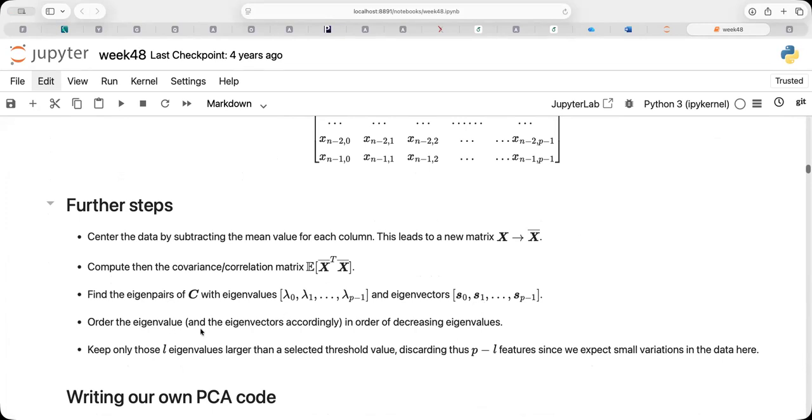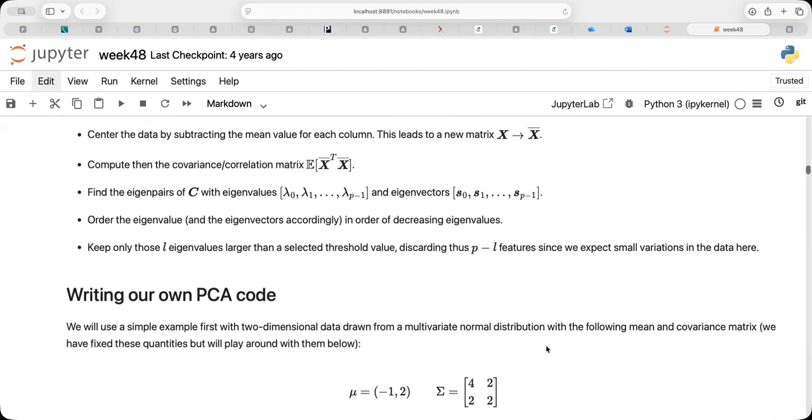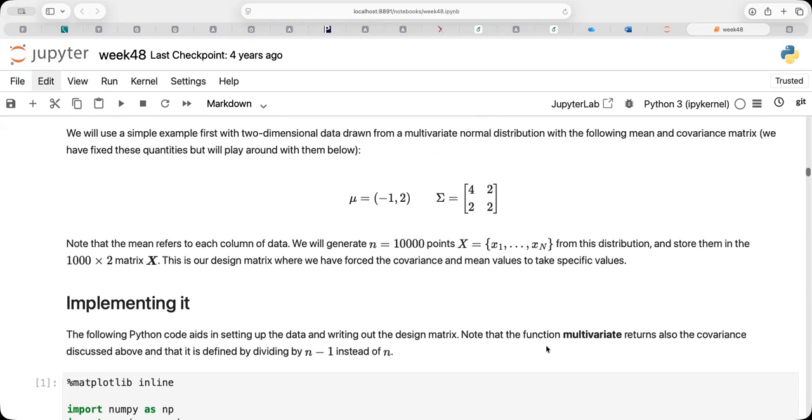Then you order the eigenvalues and eigenvectors in order of decreasing eigenvalues, and keep only those L eigenvalues that are larger than a selected threshold value. Then you discard the P minus L features, since we expect small variations in the data there. So let's try to build some intuition here.